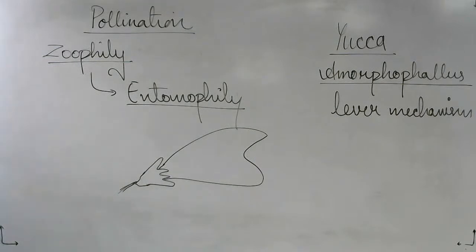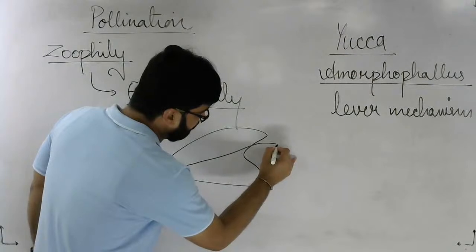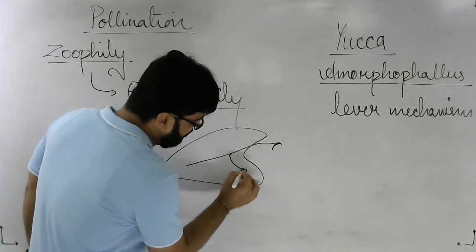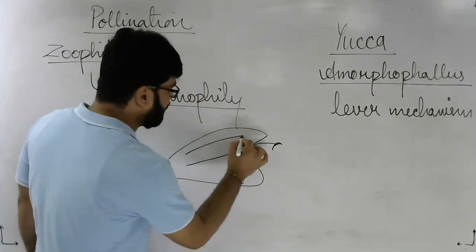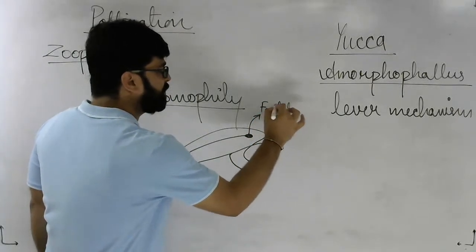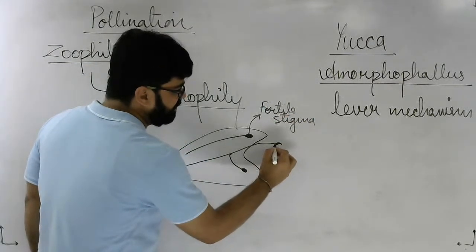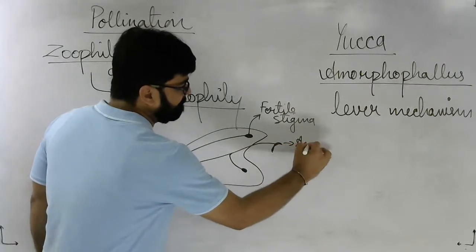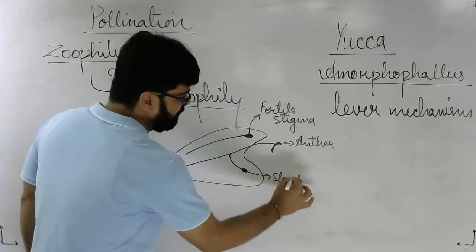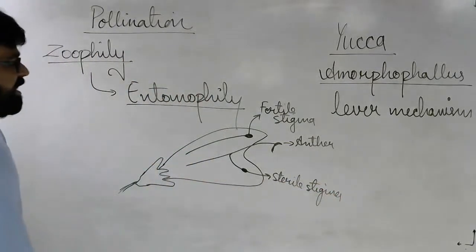Anthers are present like this, arranged like a lever. There is a sterile stigma, and this is the fertile stigma. This is anther. This is sterile stigma. Okay, so this is the arrangement actually.